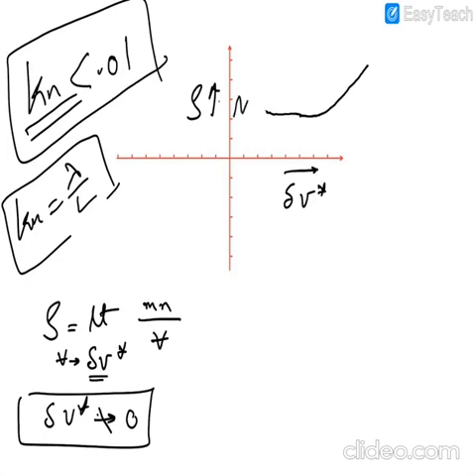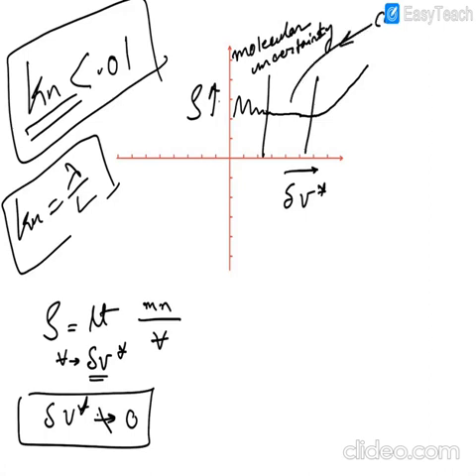So now you can demarcate into 3 regions. One where you will get molecular uncertainty, then the domain where you can really consider the fluid to be a continuum one, because there is no instability.